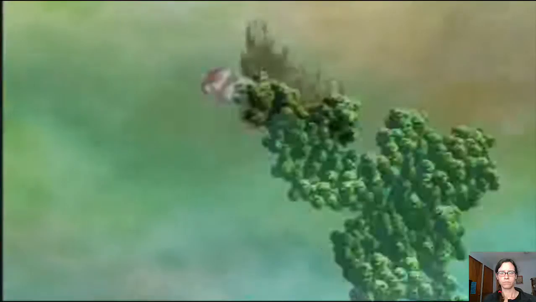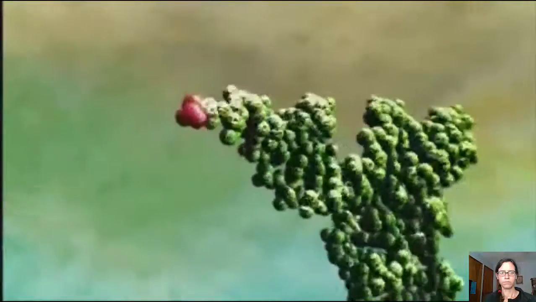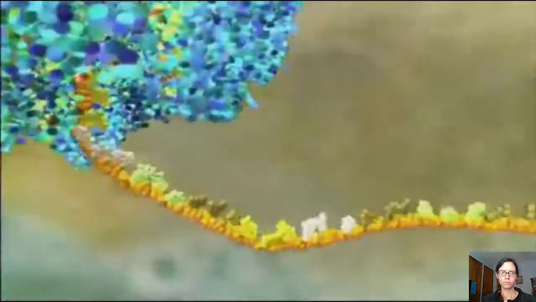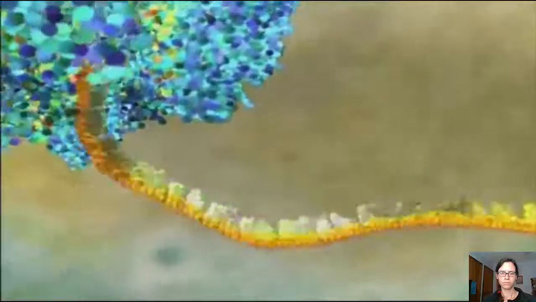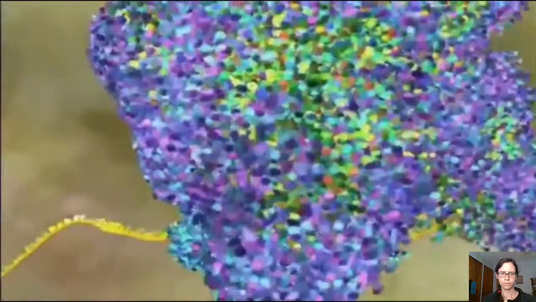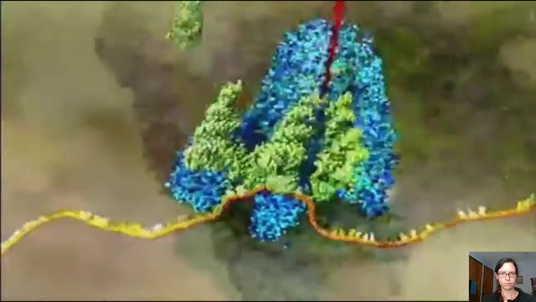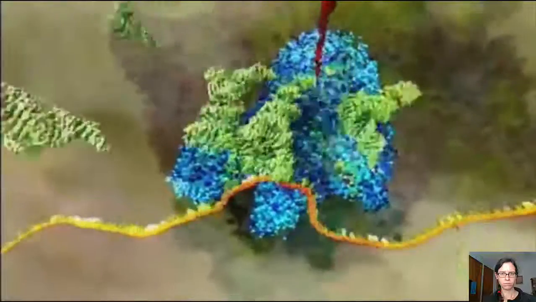There are different transfer molecules for each of the 20 amino acids. They all carry a specific 3-letter code that will be read by the machine. Now we come to the heart of the process. Inside the ribosome, the RNA is pulled through like a tape.